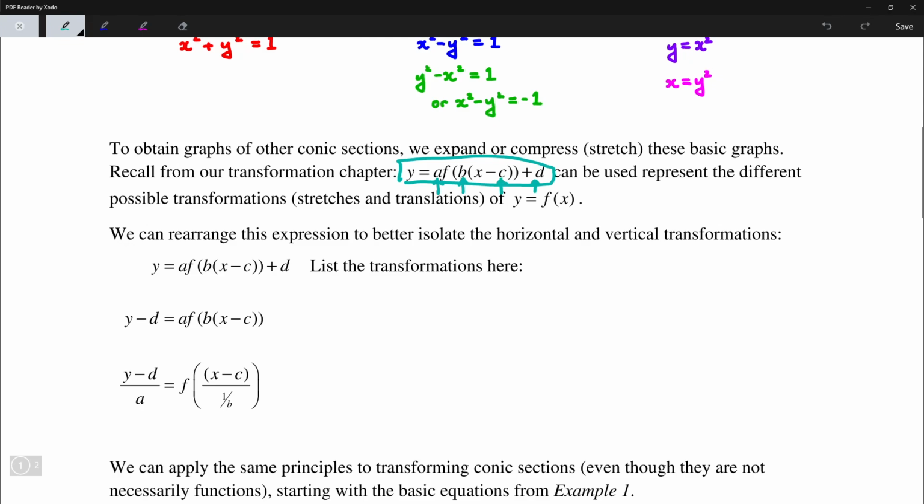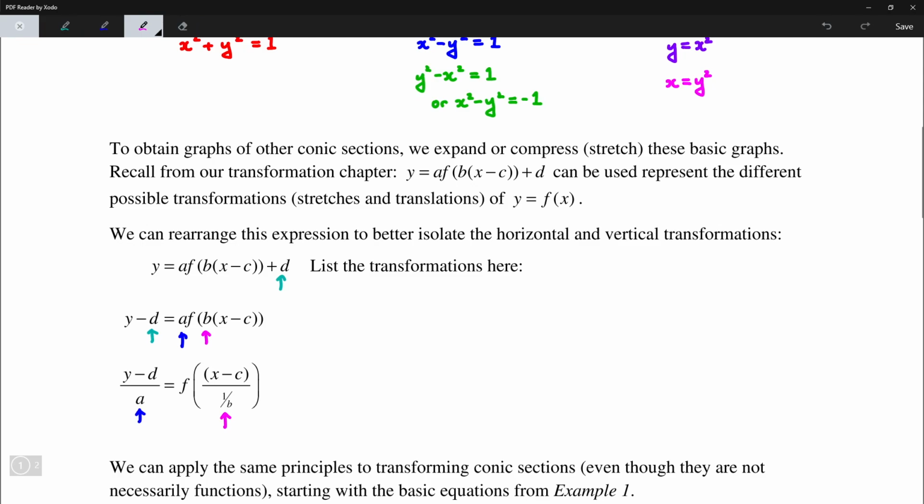So what we're going to do is rearrange the expression slightly here. First, we're going to subtract d from both sides. And then we divide both sides by a. And finally, the third step is that the b variable will be rewritten as divided by 1 over b, which is the same thing, just rearranged slightly.